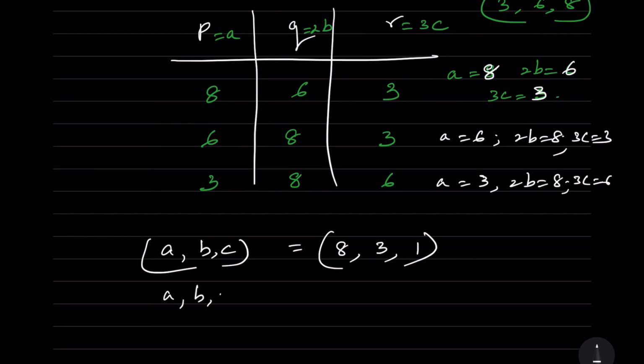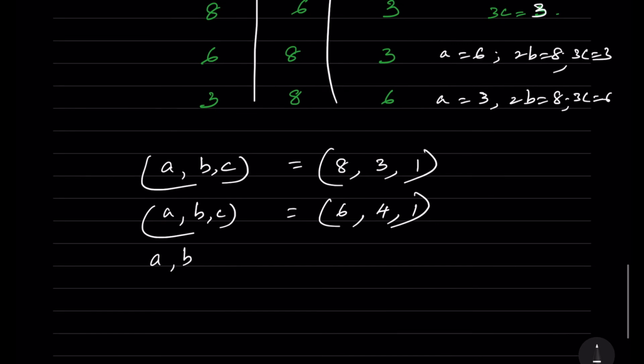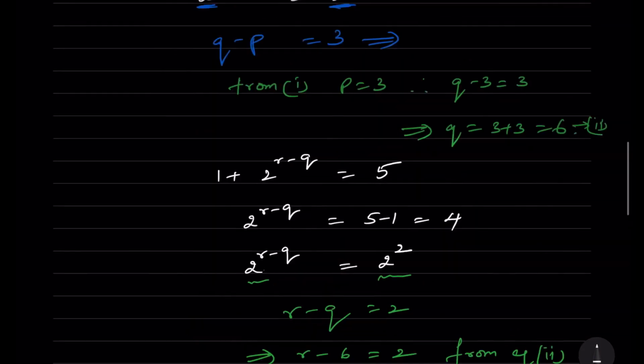Next combination of ABC, first you can write this as 6. Then you can write 8 by 2, that is 4. Then 3 by 3 is 1. Then again the last combination which we can have is A is 3, B is equal to 4, C is equal to 2 you are getting. So these are the 3 different combinations of numbers.